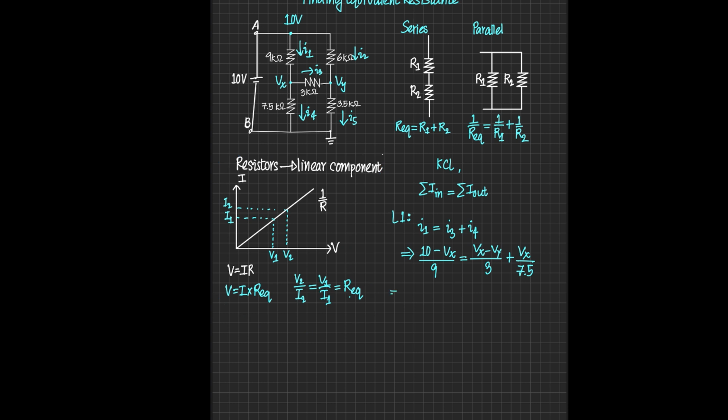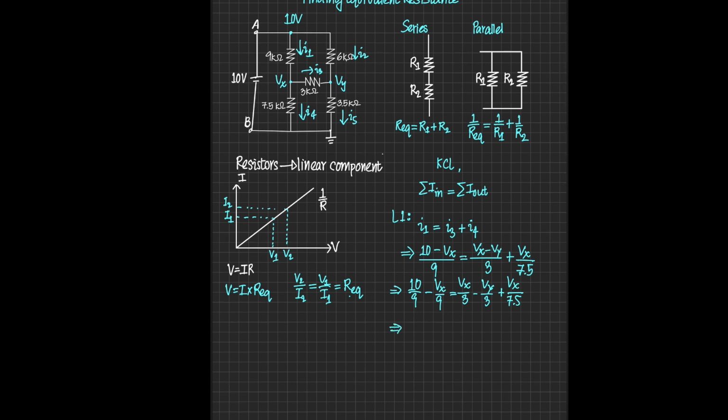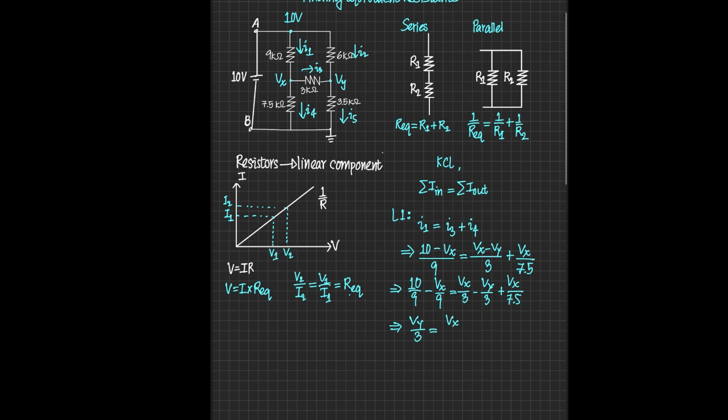Okay, let's isolate Vx and Vy. Let's name Vy as the subject of the equation. So Vy by 3 equals Vx by 3 plus Vx by 9 plus Vx by 7.5 minus 10 by 9.